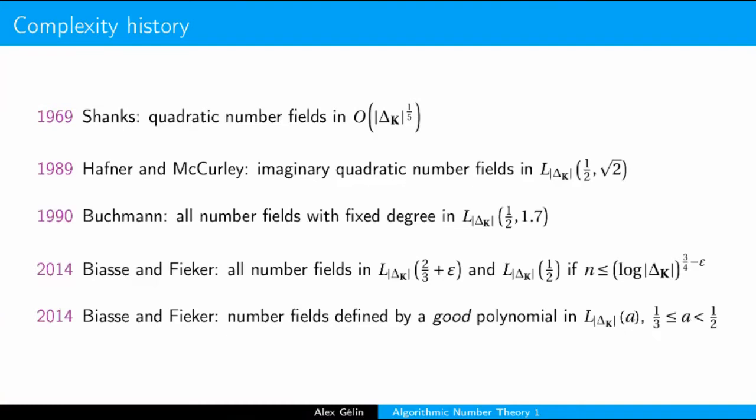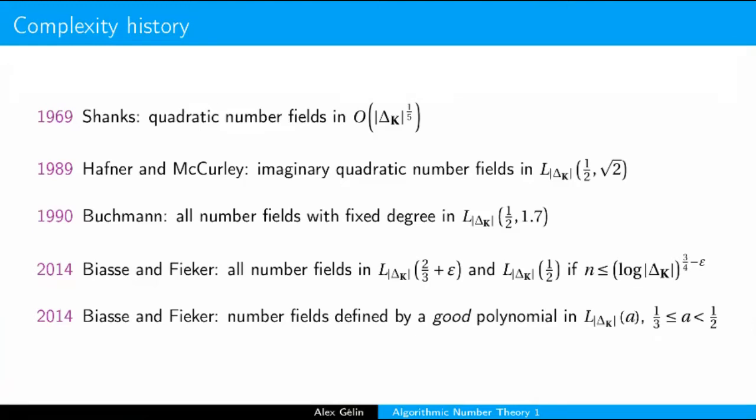More recently, or less and less recent, yes. In 2014, Biasse and Fieker extended the results, allowing the extension degree to tend to infinity. Of course, with that new condition, the constant in the L notation is larger, so they get something in L of 2/3 in the general case.